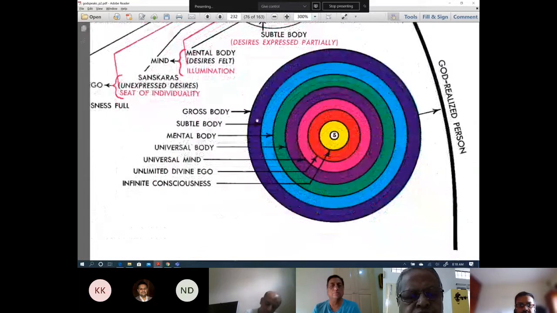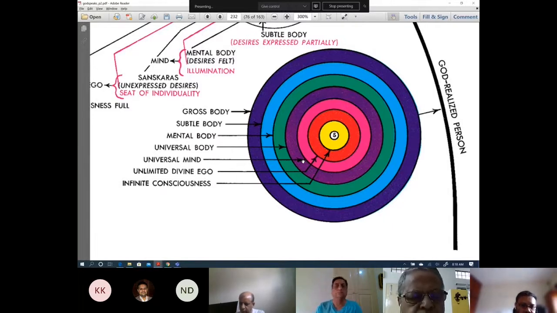From there, you go to the God realized soul, where gross body is outside. Let's start again from inside. So there is the soul. Then you have infinite consciousness in the yellow circle, unlimited divine ego, which he explained in the last paragraph, universal mind. So the universal mind acting like the cup of water, where the water is everywhere, but then the cup is just a representation to describe how the universal mind works.